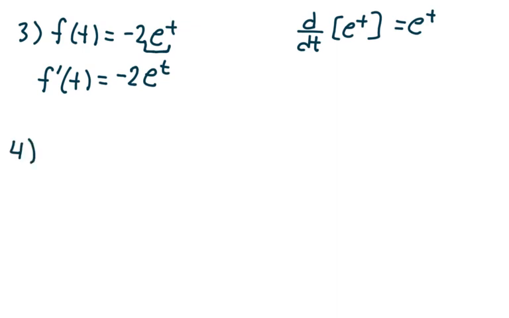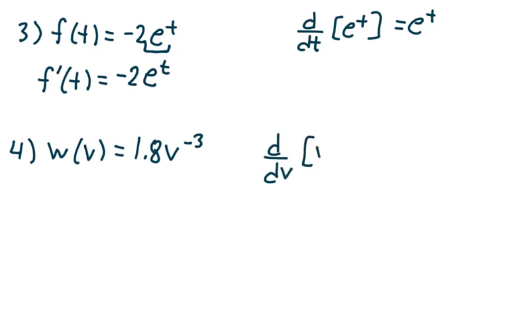For example 4, we have w of v is 1.8 v to the negative 3. So the derivative of v to the negative 3 with respect to v is negative 3v to the negative 4.